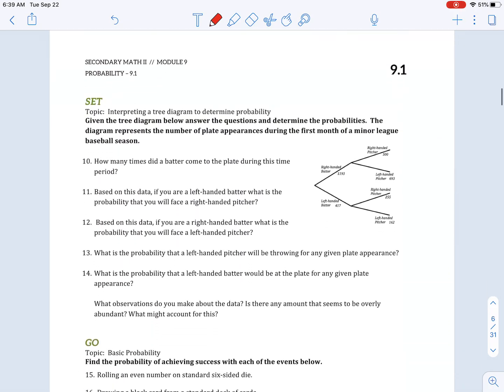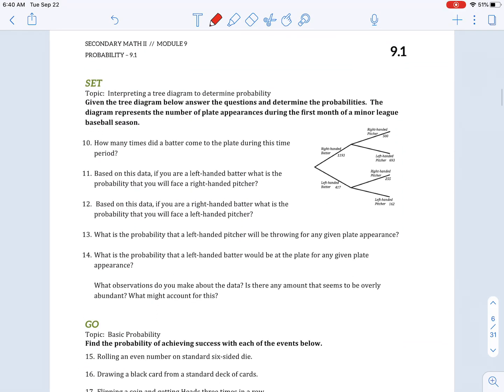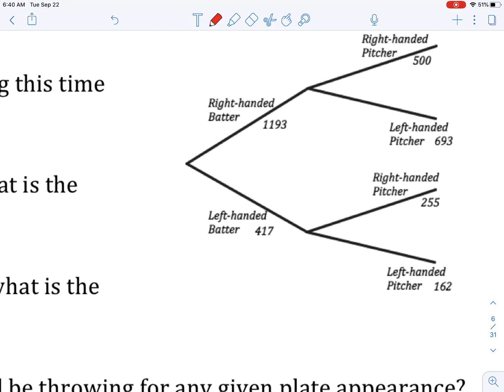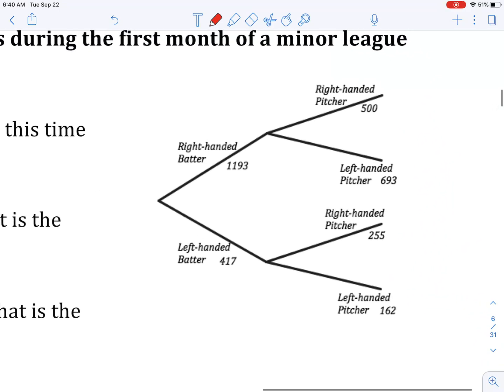So as I do the 9-1 set, you can just fill it out on your Go Formative. It says, given the tree diagram below, answer the questions and determine the probabilities. The diagram represents the number of plate appearances during the first month of a minor league baseball season. The very first thing on the tree diagram is whether the person hitting is a right-handed batter or a left-handed batter.